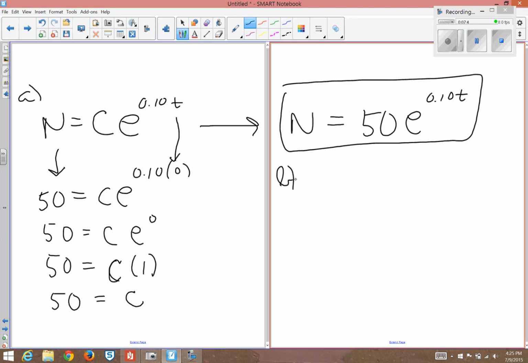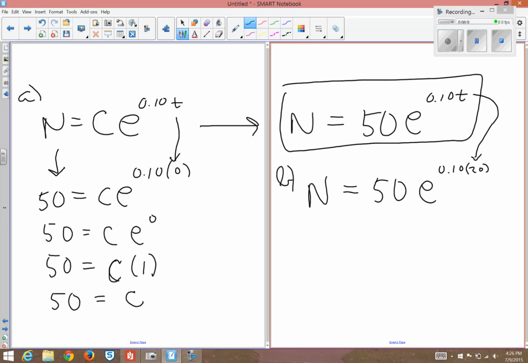Part B, how many franchises will there be in 20 years? The number of franchises in 20 years will be 50 times e to the 0.10 times 20. The question is asking how many franchises will there be in 20 years? T is time in years.